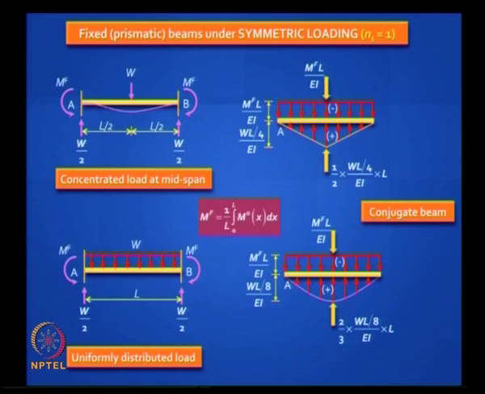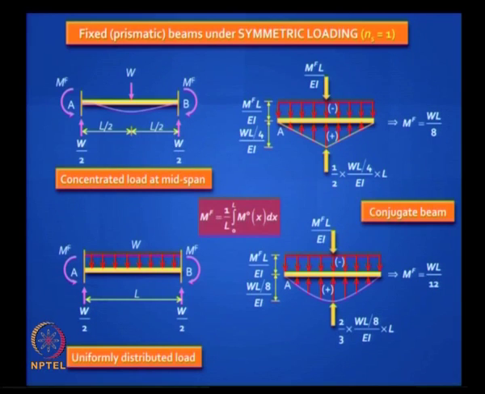If you take the first case, it is a triangle, so the area is easy to calculate. The second case, it is a parabola, so the area is 2/3 of the equivalent rectangle, and you can easily find the answers. The answers are, in the first case, MF is equal to WL by 8, and the second case it is WL by 12.